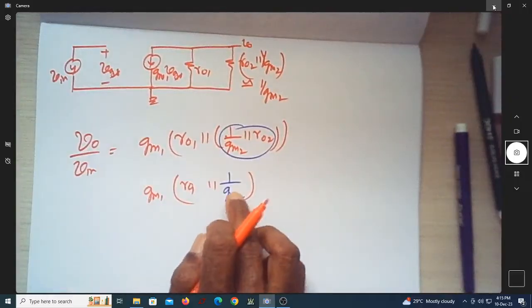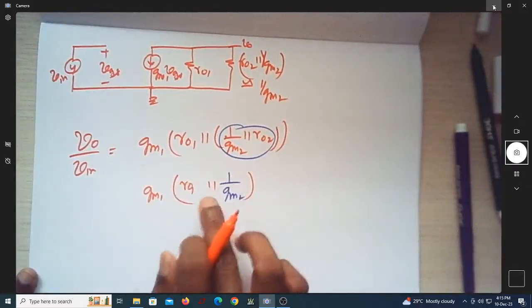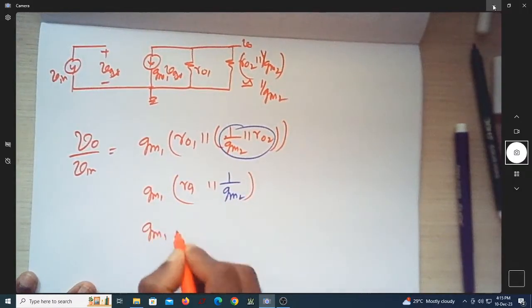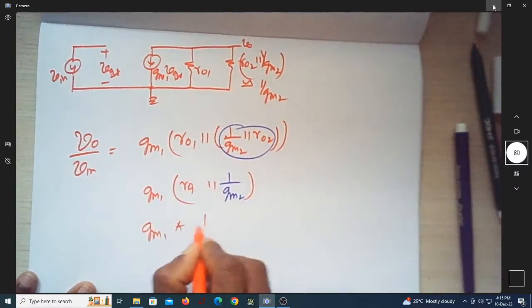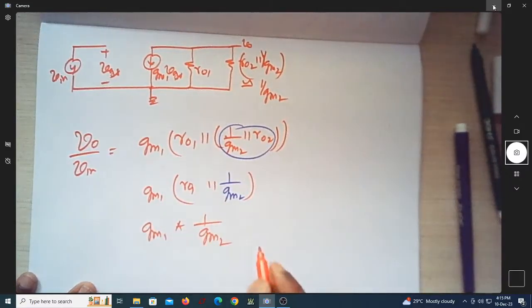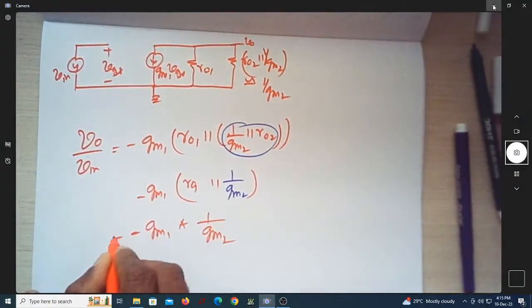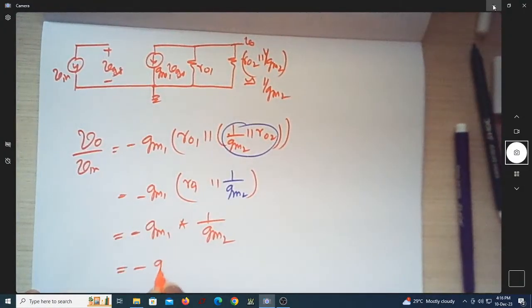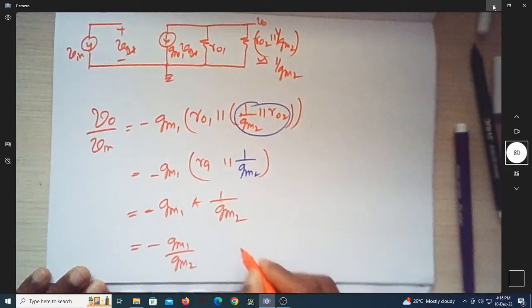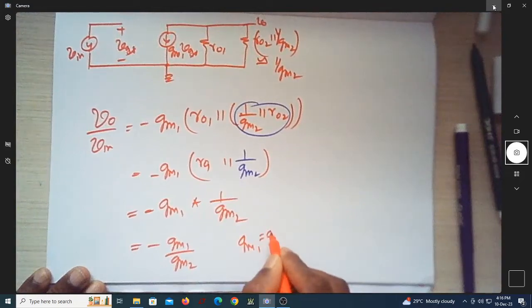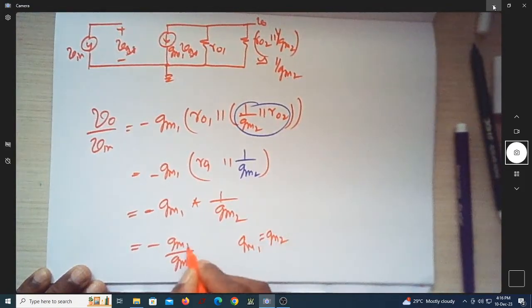Since it is very small, this reduces to 1 over gm2. Of course, with the signs, it is minus gm1 by gm2. If gm1 is equal to gm2, the gain becomes minus 1.